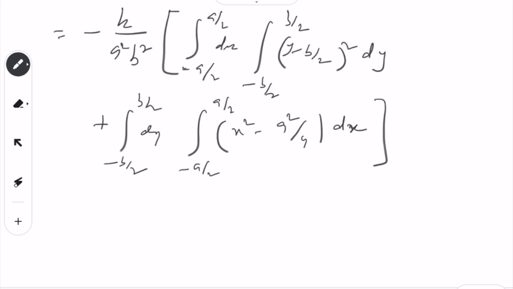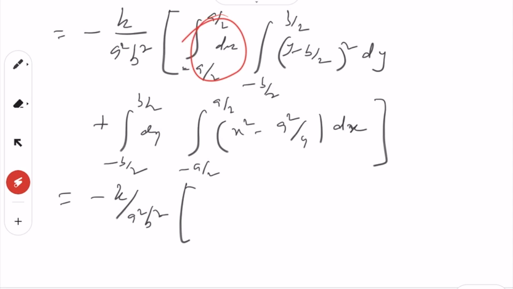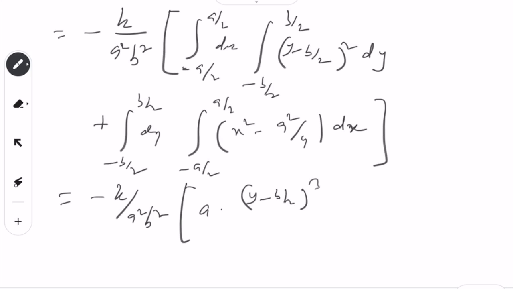So we have separated them out, and hence we can now calculate. What do we get? We write minus k over a square times b square. Okay, this value is just a, and what is this value? This one will be, we get y minus b over 2 cube over 3, right?